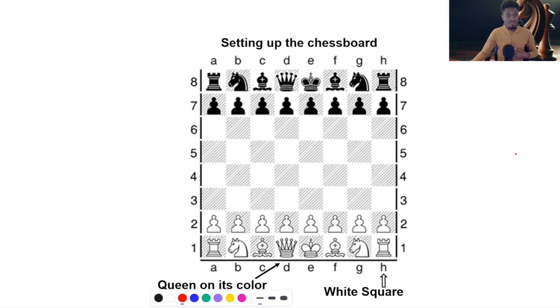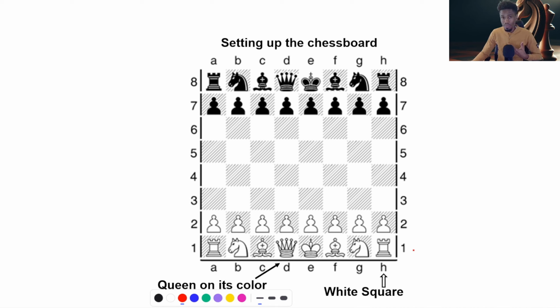Now here we have a chessboard, and before we start playing a chess game, we have to set up the board, put all the pieces on the board, and get ready to start the game. The first thing that we have to notice when we're going to play a chess game is that by our right side, we should have a white square.